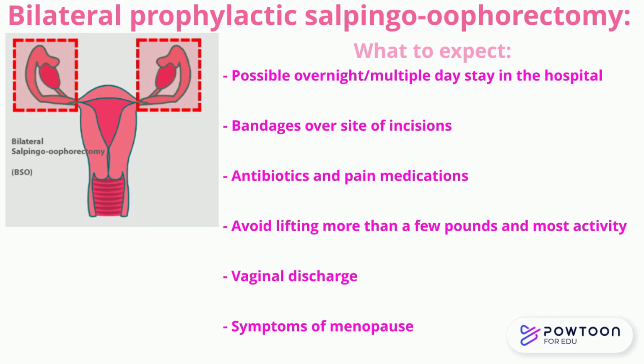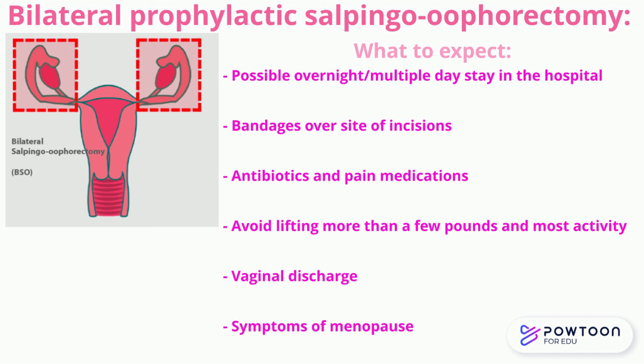For the bilateral prophylactic salpingo-oophorectomy, some things to expect are laparoscopic or robotic surgery may involve an overnight hospital stay. Open abdominal surgery may require a few days in the hospital. After surgery, you may have bandages over your incisions. Don't put lotions or ointments on the wounds.